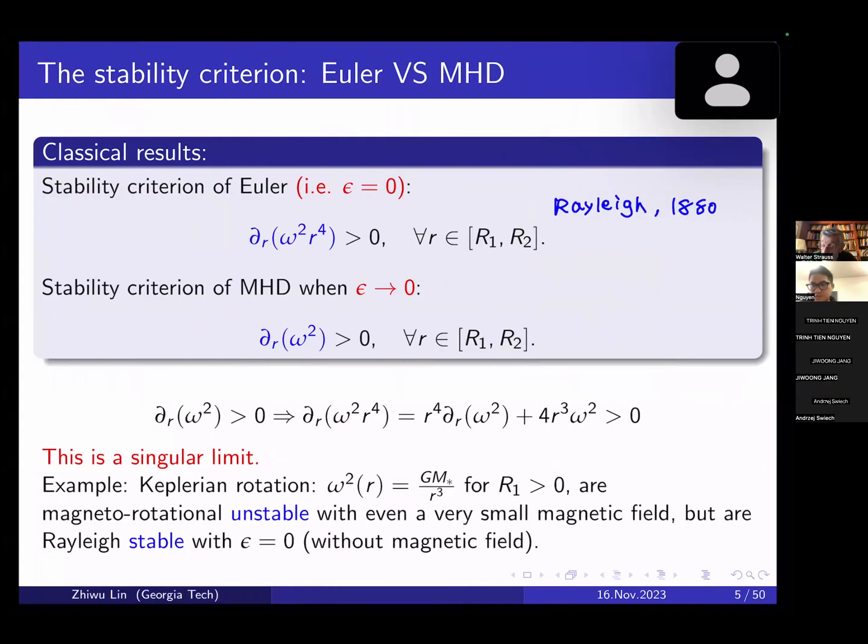If you look at axisymmetric perturbations, there's a very famous criterion by Rayleigh back in the 1880s. If the angular momentum squared is a monotone increasing function of r, then the rotating flow is stable. And for axisymmetric perturbations, it turned out to be a necessary and sufficient condition for stability.